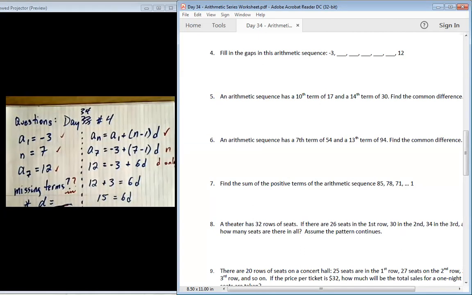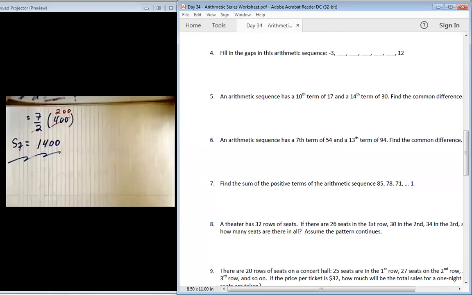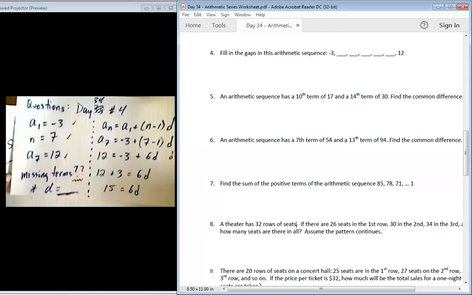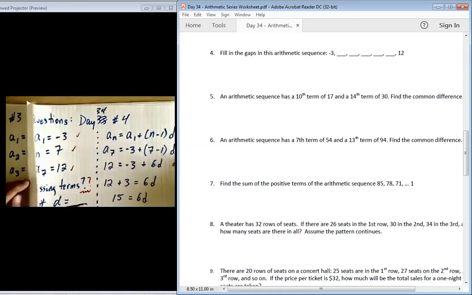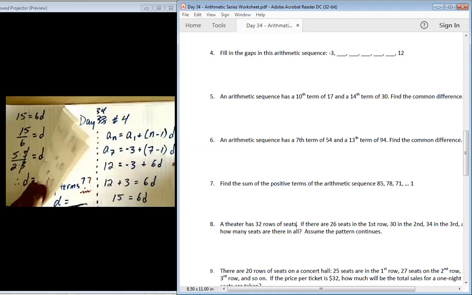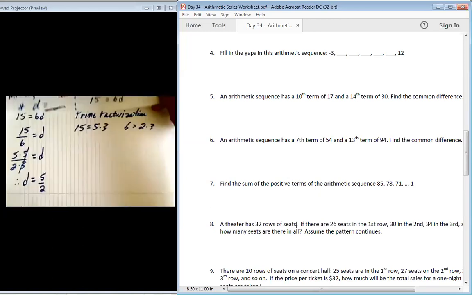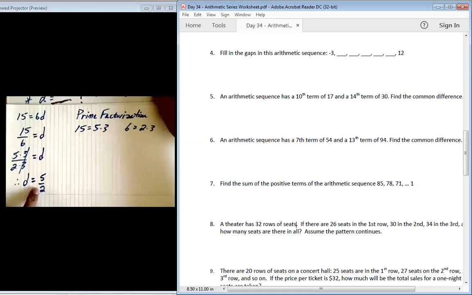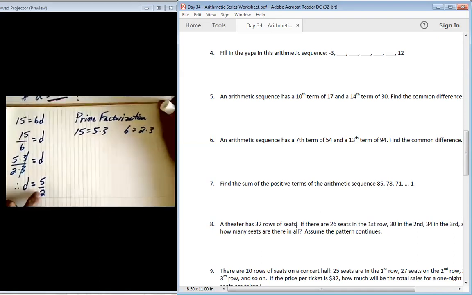Okay, which takes us to the second page now, where we get a value of, oops, not that, that's way out. We get a value of this one, 5/2 for D. Just working through the algebra.